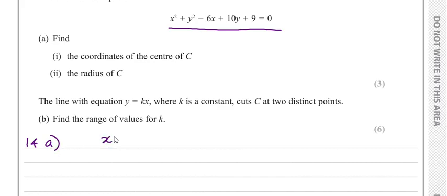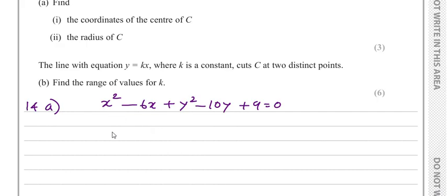So the equation is x squared. So collect all the x terms first. x squared minus 6x plus y squared minus 10y plus 9 is equal to 0. So completing the square, we get (x minus 3) squared minus 9 plus (y minus 5) squared minus 25 plus 9 is equal to 0.